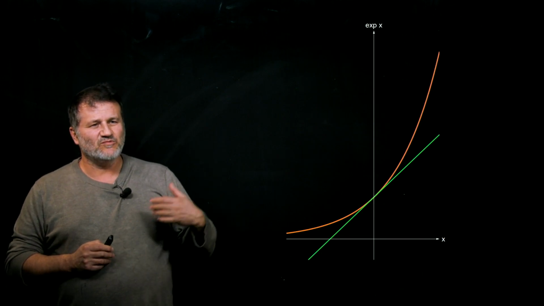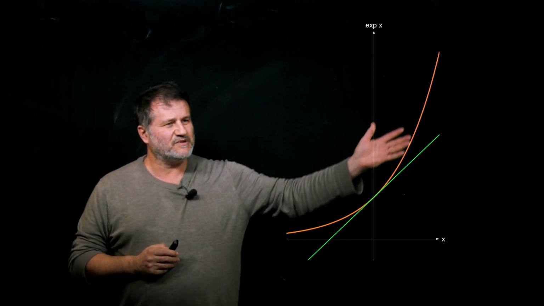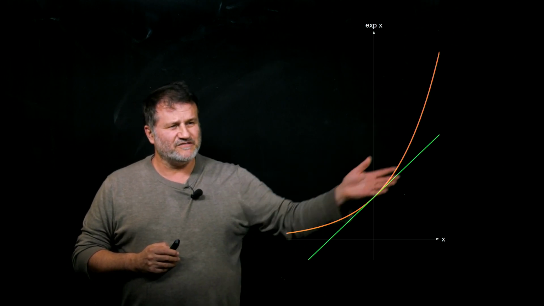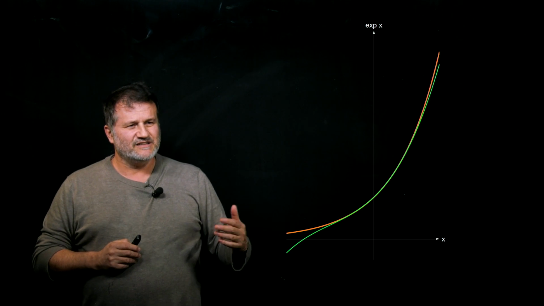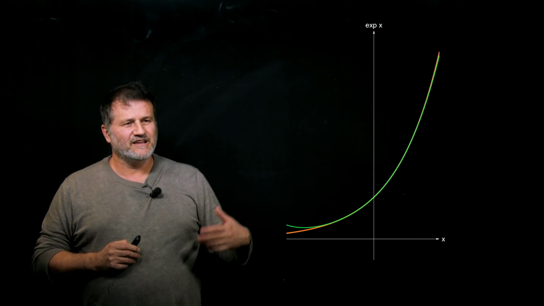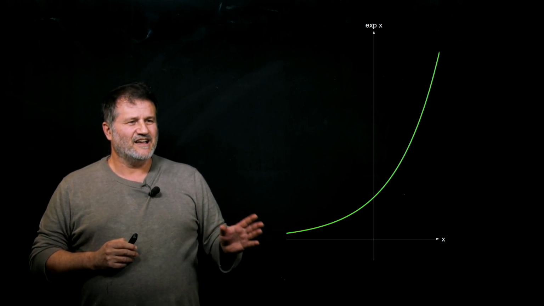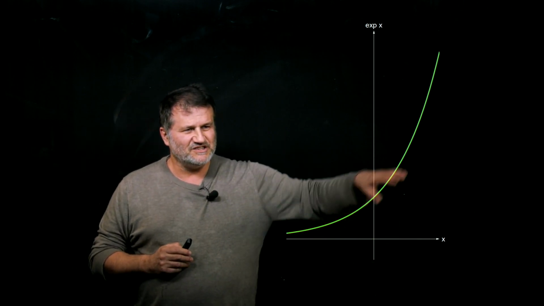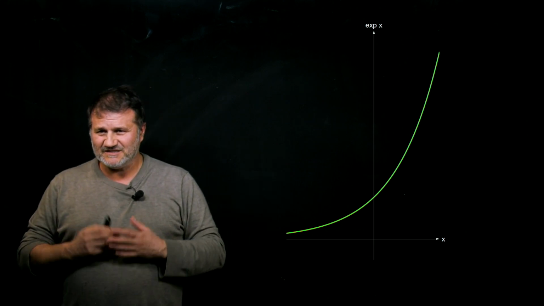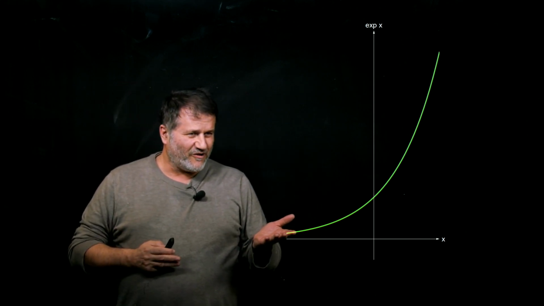You can graphically see what happens. Here we have the plot of the exponential, and in green the plot of the polynomial. That's the first degree polynomial, the second, the third, the fourth, the fifth, the sixth. You see that for this case, on this interval, we do not distinguish anymore the exponential from the polynomial.